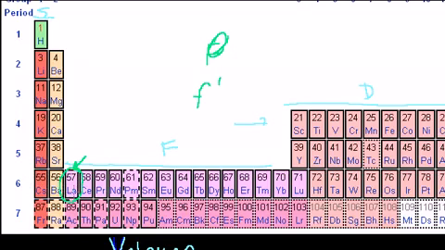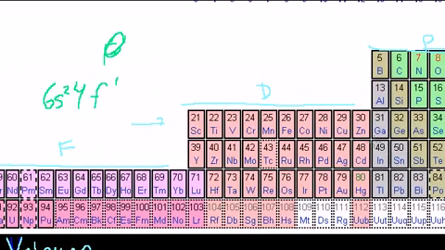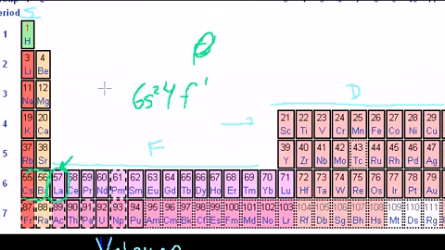And this is the 6th period, but with the F block you subtract 2 from it. So it'll be 4f1 and then 6s2. With the S block, you just look at the period, 6s2. And then if you were to keep going back, you would go to 5p6.